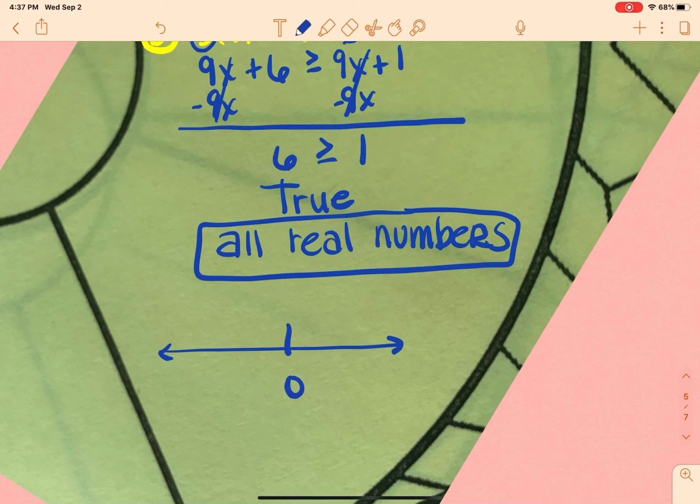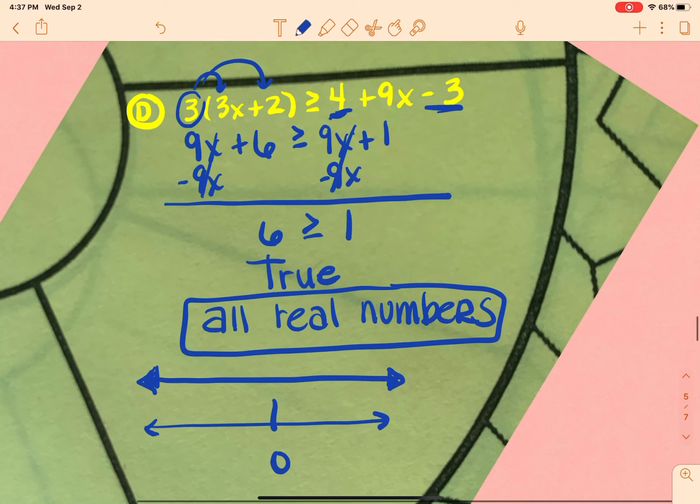Let's just put a 0 there just for a point of reference. If it's all real numbers, it means it could actually be anything on the number line and it would be true. Because I could pick any number, and if I were to go back to this problem and plug it in for the x's, they would somehow cancel out, and I would always be left with that true statement. Okay, we'll work on a couple more when we get back together in class.